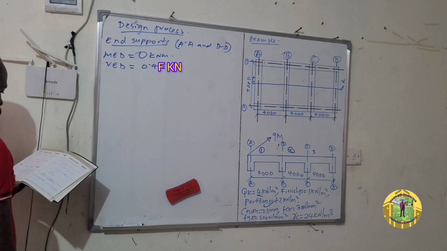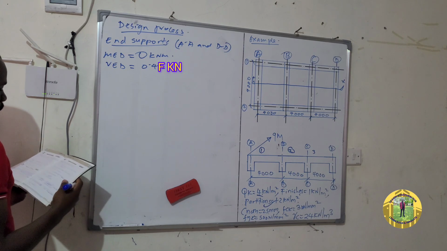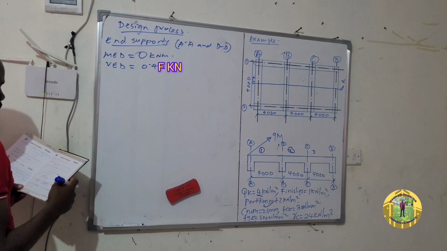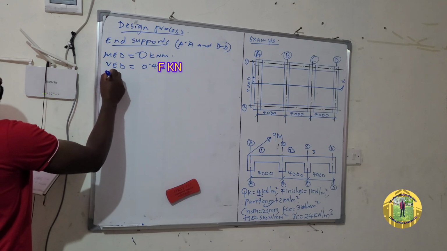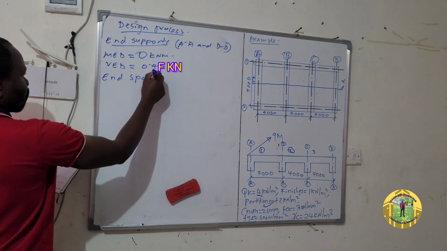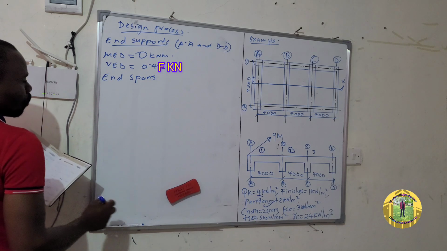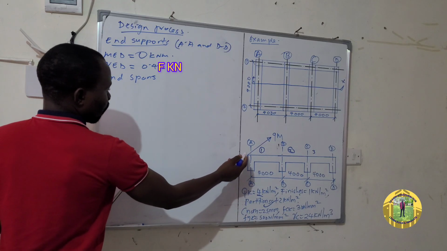Then we proceed to what we call span AB and ED. So this is end span. We proceed to end spans. So this is span. You can see span AB.